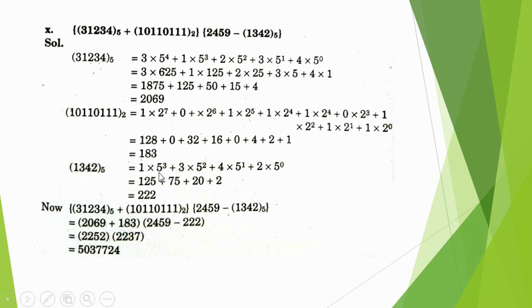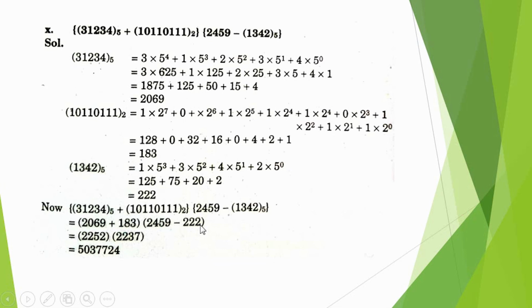Now we power these values 0, 1, 2, 3, 4, 5, 6, and 7. Now we multiply these values and add. 183 comes. Now 1 multiply 5, 3 multiply 5, 4 multiply 5, and 2 multiply 5, with powers 0, 1, 2, 3. Now we add these values, 222 comes.